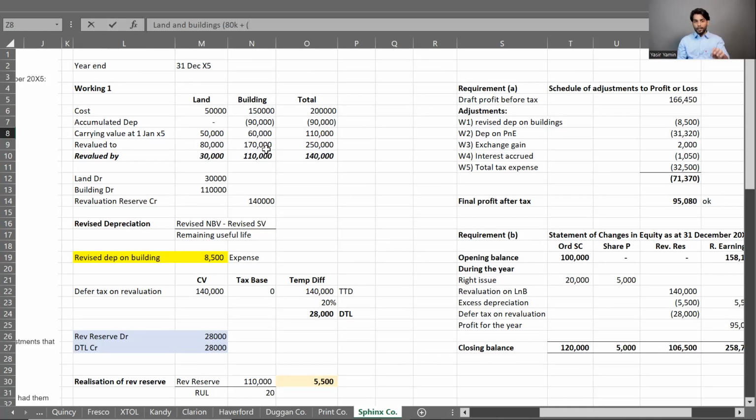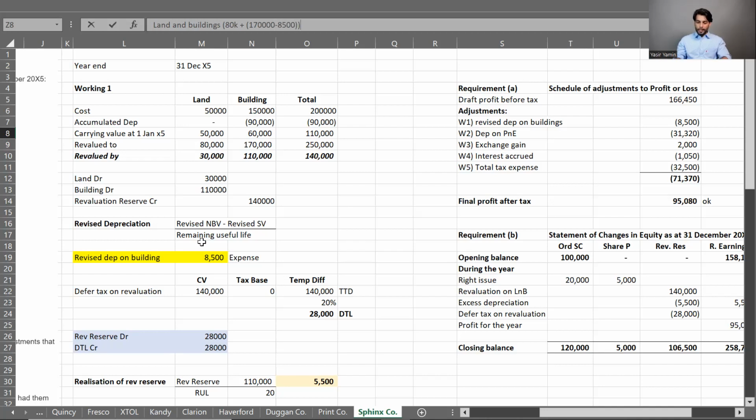You had a building revalued to 170,000 at the start of the year, so some revised depreciation was also subtracted from your asset's value. So 170,000 minus 8,500. Makes sense?